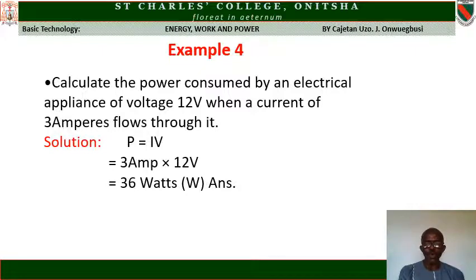I is current, which is 3 amperes. V is voltage, which is 12 volts. P, therefore, is equal to current times voltage, which is 3 times 12. That will give you 36 watts. Remember, watts is the unit of power.